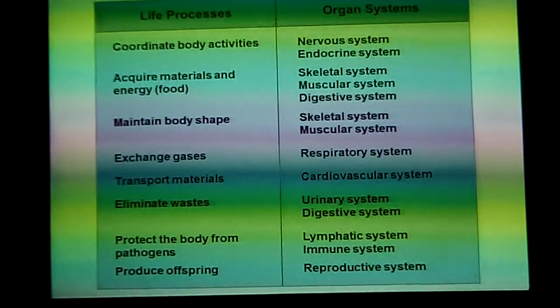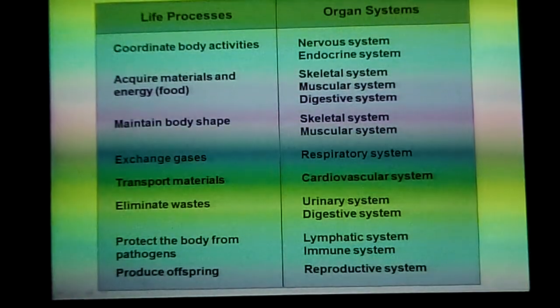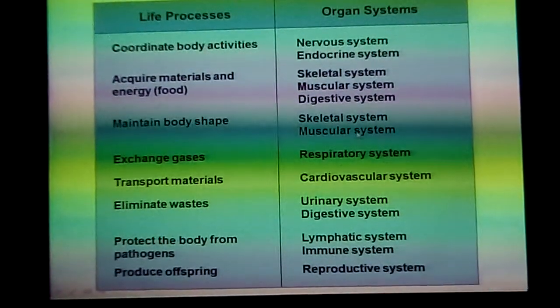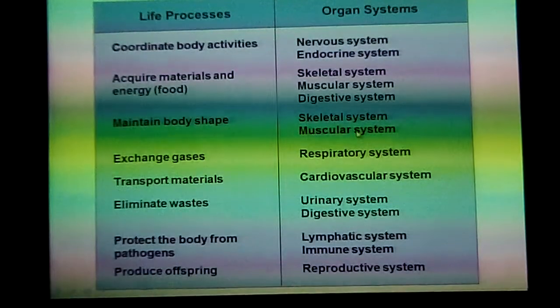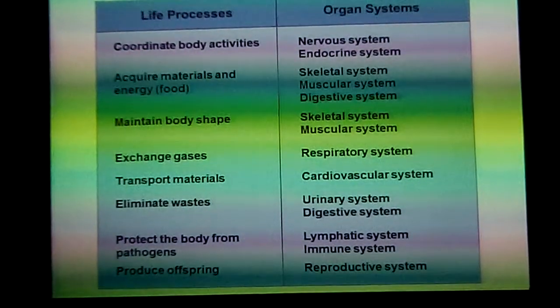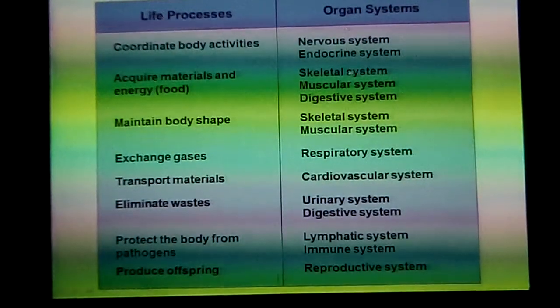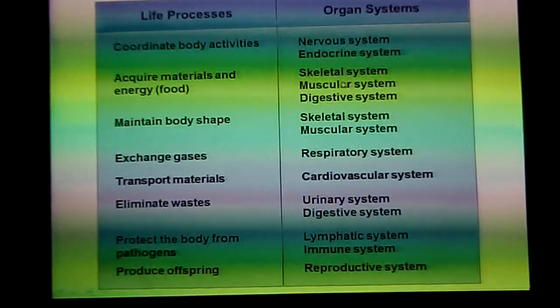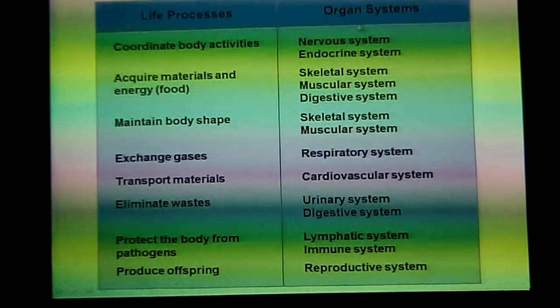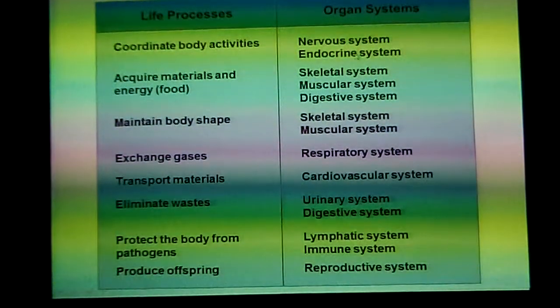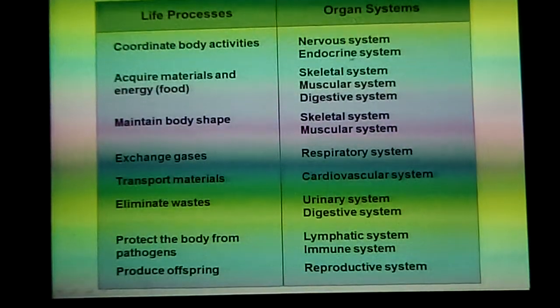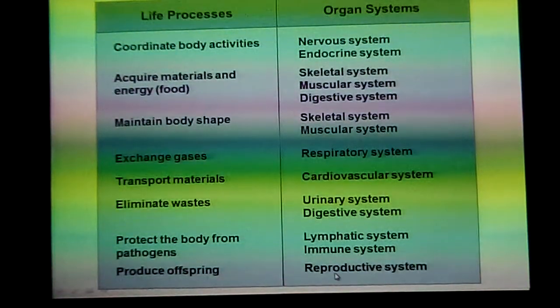The book talks about all the different systems. Here's a table on page 596, all the different body systems. Nervous, endocrine, skeletal, muscle, digestive. And we're going to go through these in the next 8 chapters or so. We're going to go through each one.